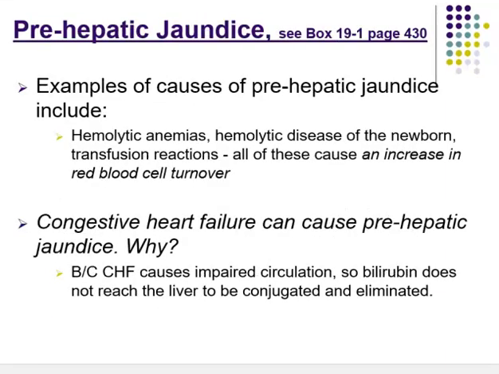So, some examples of prehepatic jaundice include our hemolytic anemias, hemolytic disease of the newborn, and blood transfusion reactions. These are all because of an increase in red blood cell turnover. Congestive heart failure can also cause prehepatic jaundice because congestive heart failure causes impaired circulation, so bilirubin does not reach the liver to be conjugated and eliminated.